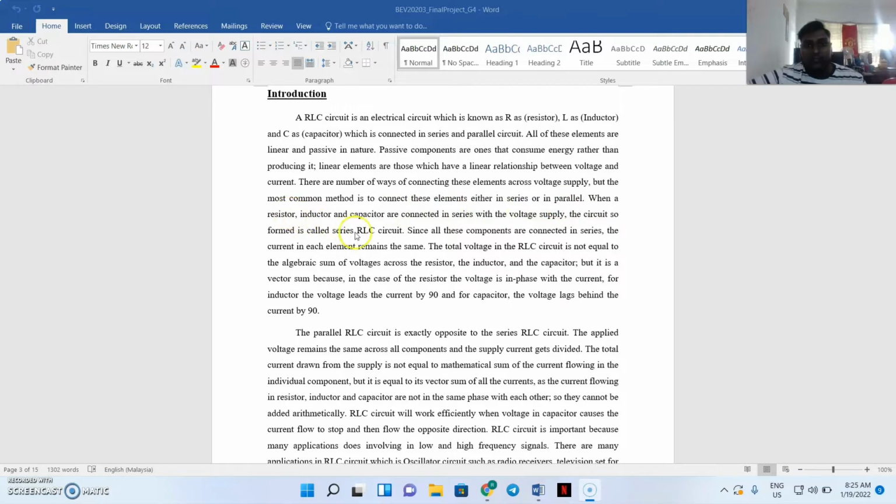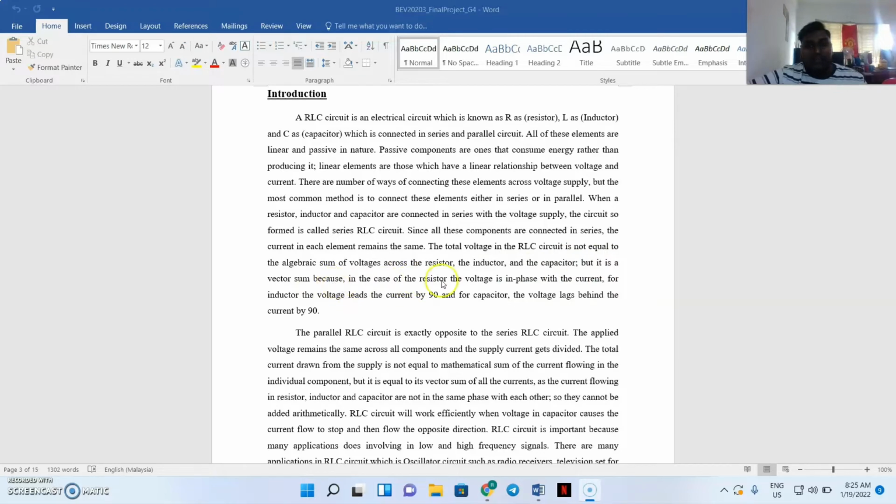Since all the components are connected in series, the current in each element remains the same, and the total voltage for the RLC circuit is not equal to the algebraic sum of the voltages across the resistor, inductor, and capacitor, but it is a vector sum.